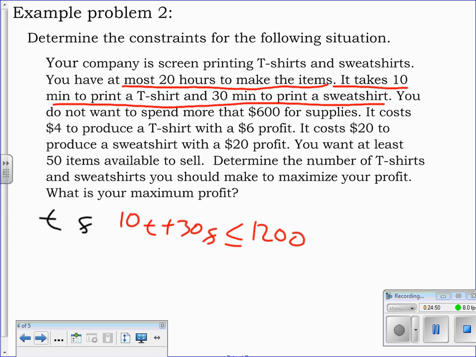That's my first constraint. Does that make sense? I have a limited amount of time. How much time I spend on T-shirts, how much time I spend on sweatshirts, combined together has to be less than a certain amount. That is a constraint. I can spend less than that. I can go exactly that much time. I cannot go more than that.